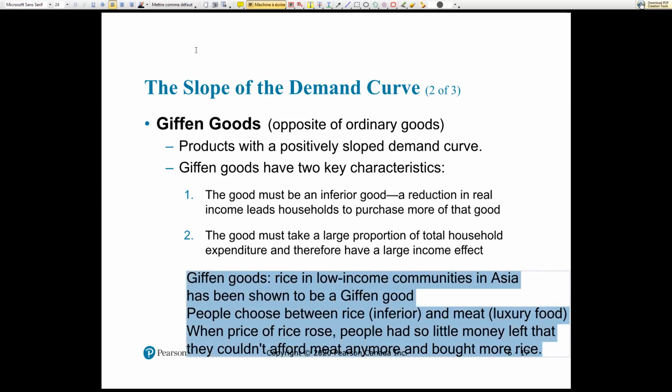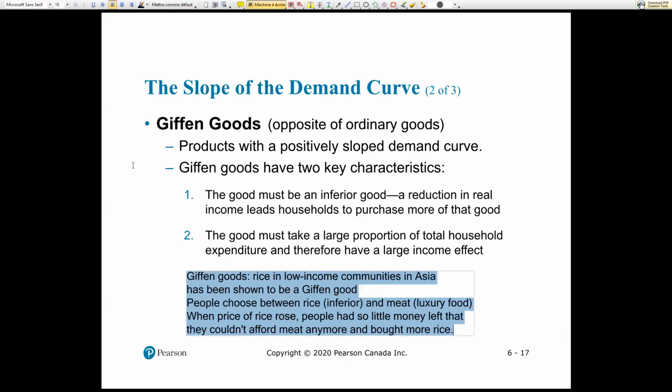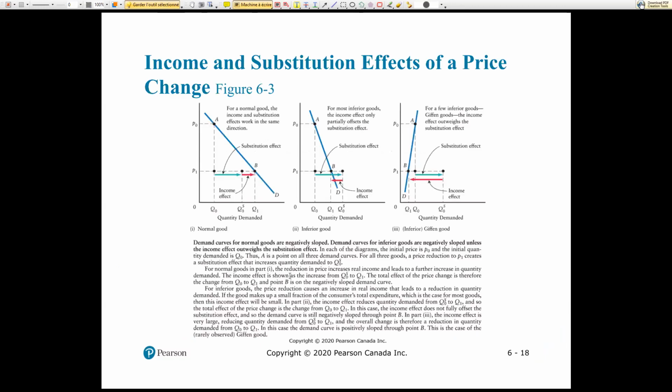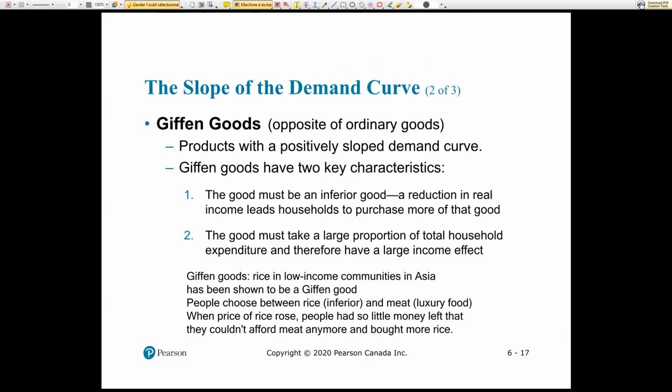But you can imagine that this is very exceptional. Most of the goods are not like this. For most of the time, when the good is more expensive, you consume less of it. All right. But yeah, it can happen. All this behavior is very easy to show if I show you not demand curves, but utility curves on the graph and the budget curves.